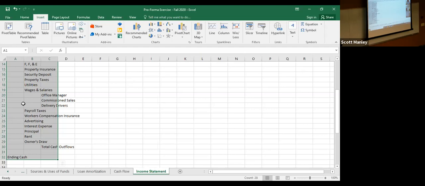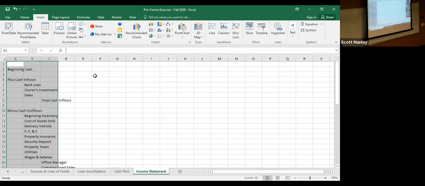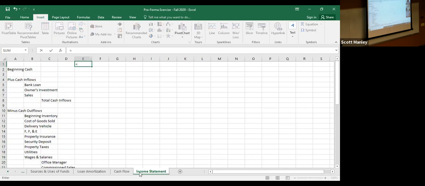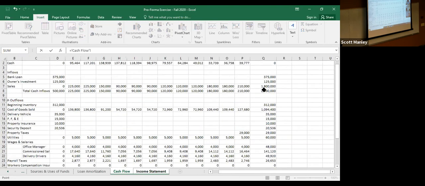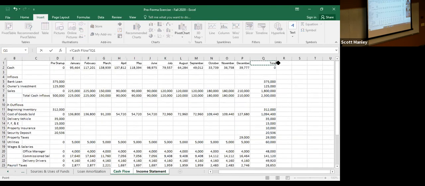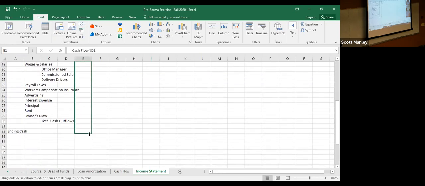The starting point for your income statement is the total column on your cash flow. Okay. So for this particular column here, I'm going to tell it to go over to my total column here. And I want to start at the very top. And I just want to copy that all the way down. Okay.